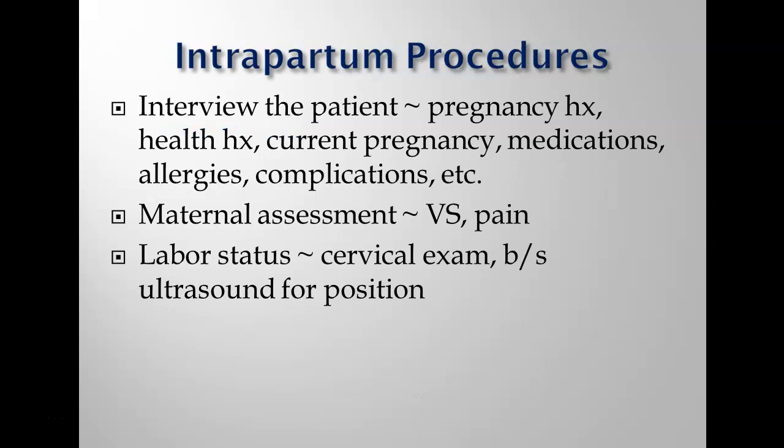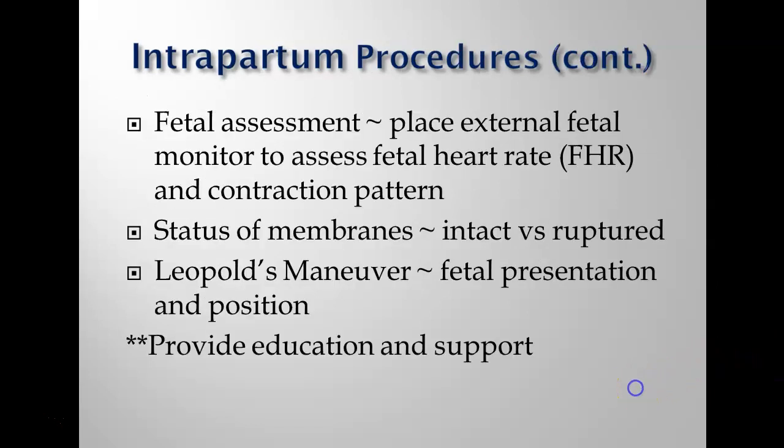In intrapartum procedures, we want to make sure we're interviewing the patient with her pregnancy history, her health history, what's going on in this current pregnancy, any medications she may be on, allergies, or any complications during this time. We do a maternal assessment, including vital signs and pain score, and we check her labor status by doing a cervical exam. We're looking for dilatation, effacement, and station, as well as possibly doing a bedside ultrasound to confirm position of the fetus.